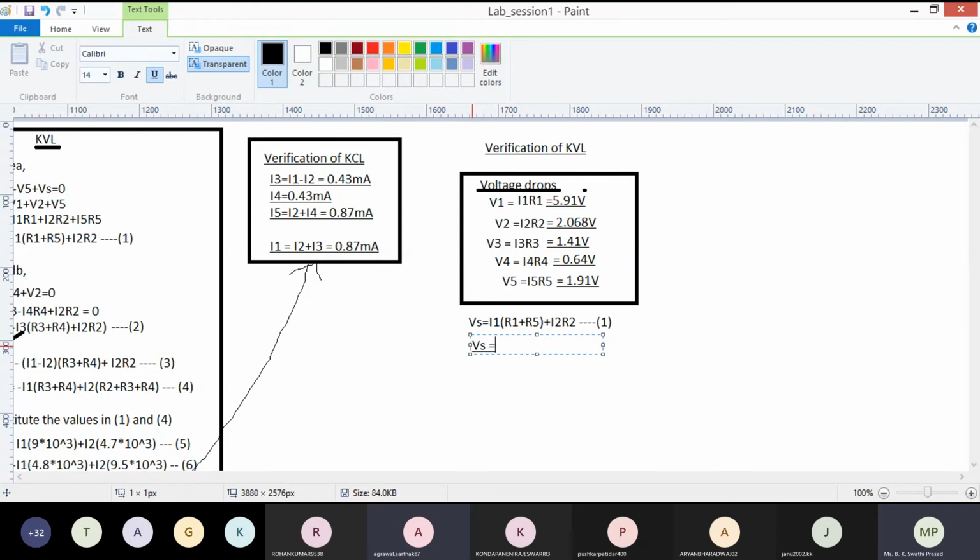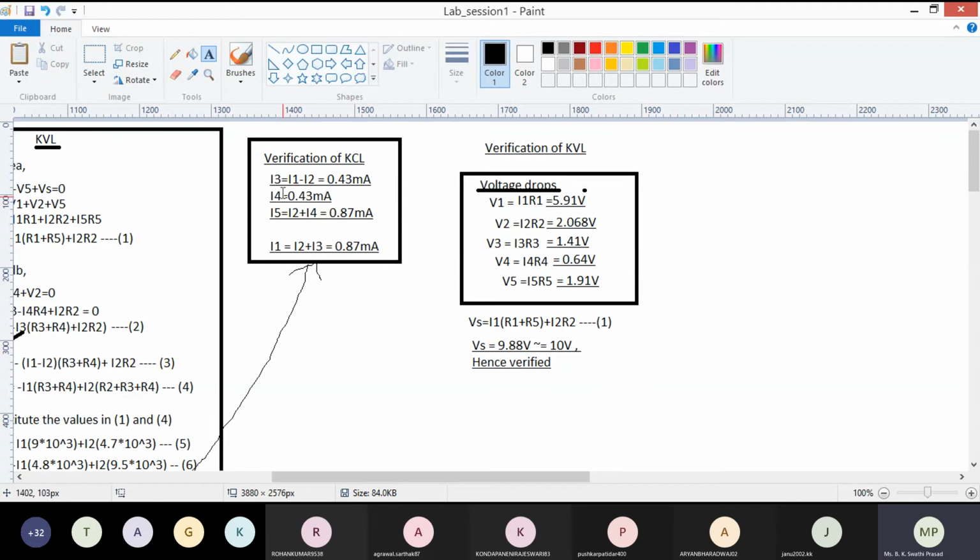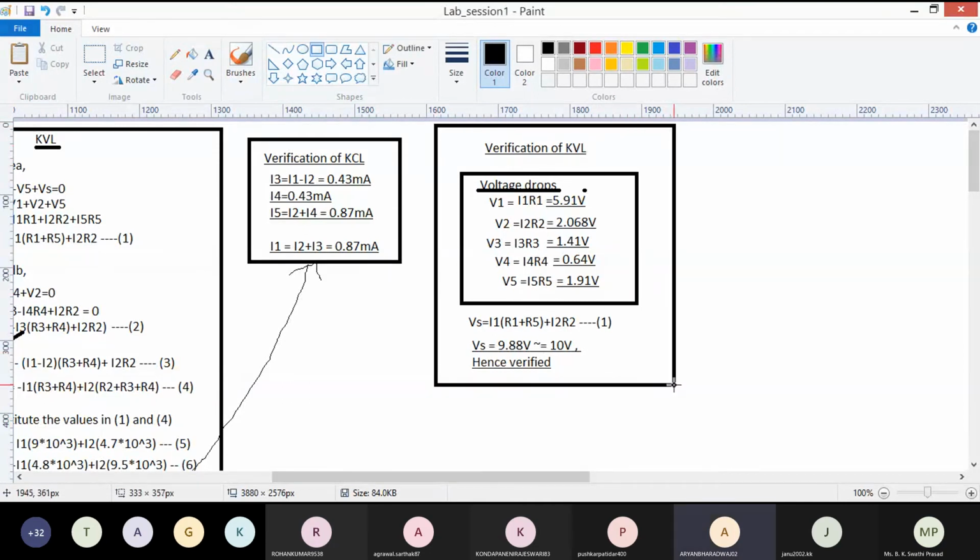So that is around 10 volts, right? Yes, ma'am. Hence, can you see that voltage and current, both of them are being verified? Yes, ma'am.